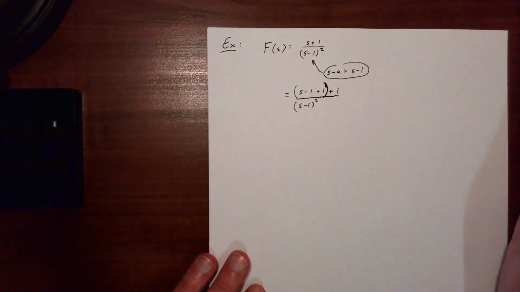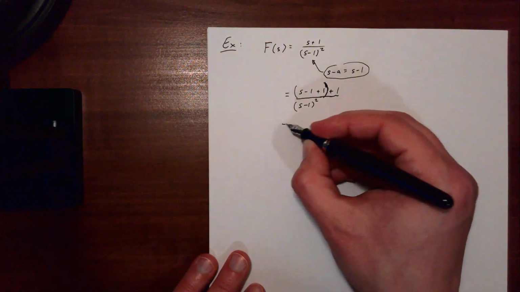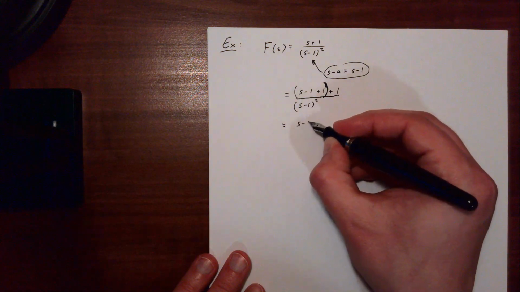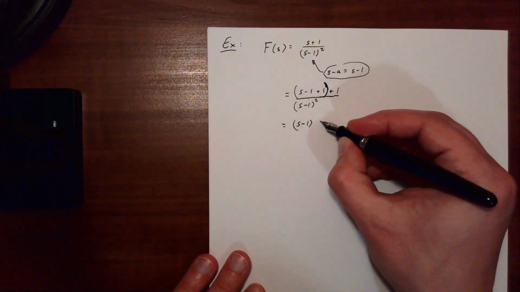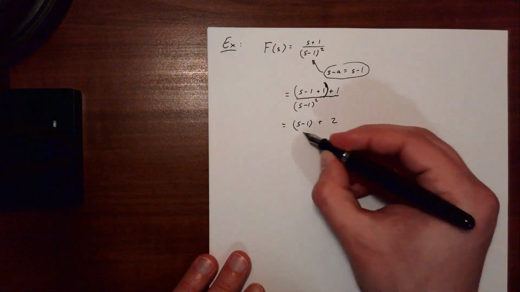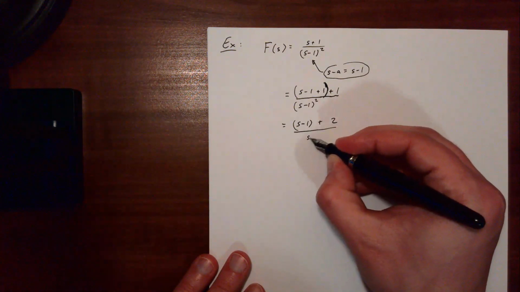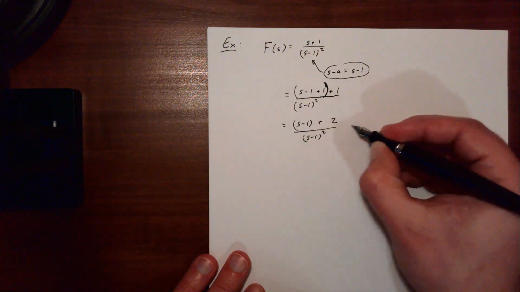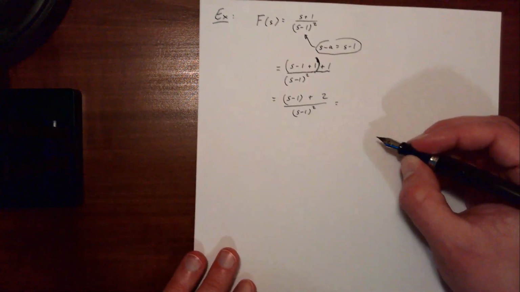So s becomes s minus 1 plus 1, and then that in turn becomes just s minus 1 plus 2 over s minus 1 squared, which I would then break up into two pieces.